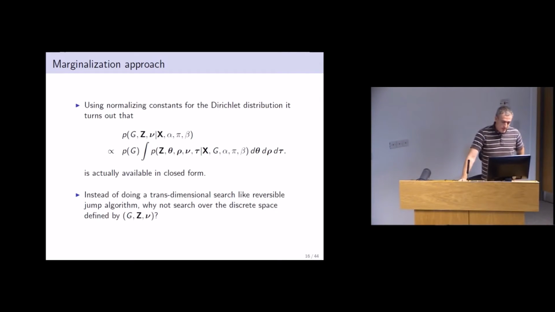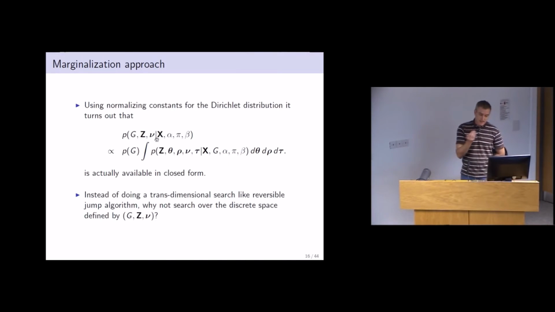So we found that you can integrate out the thetas, the rhos, and the taus out of the model, and leave yourself with a posterior distribution for the number of groups, what group each observation comes from, that's what the Zs are recording, and our new vector which tells us which variables are clustering variables and which variables are not. A useful thing about this is it's actually a much easier thing to sample from, and also its dimensionality is fixed.